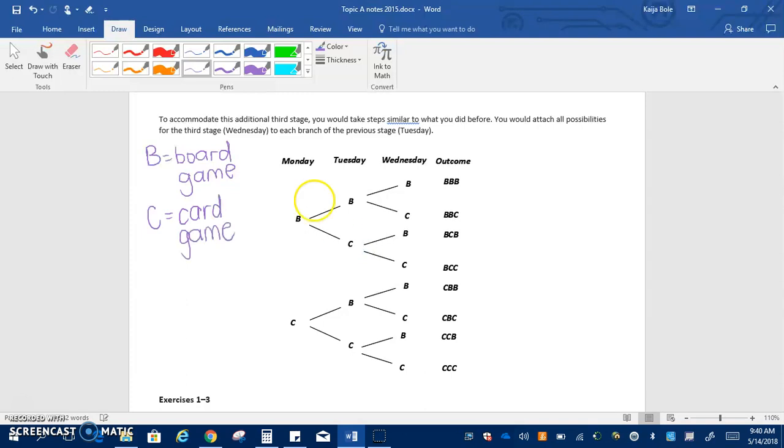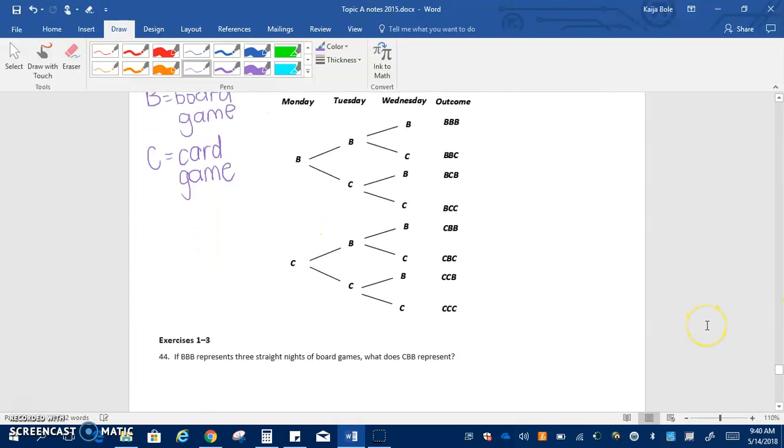Okay. So the first question says here, if BBB represents 3 straight nights of board games, what does CBB represent? So we know that the C stands for, it'd be card game on the first night, then board game on the second night, and board game on the third night.